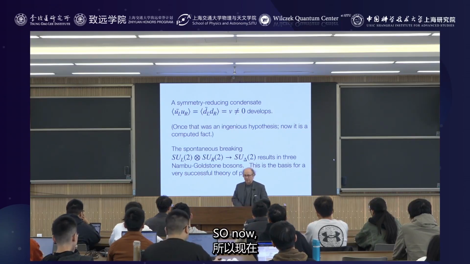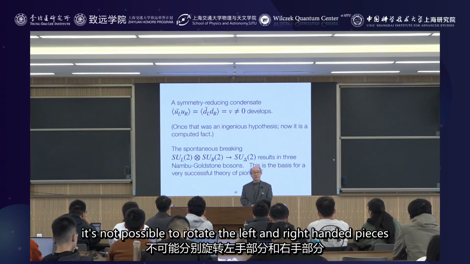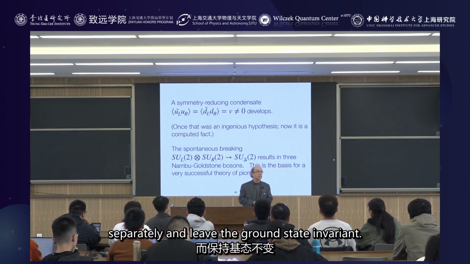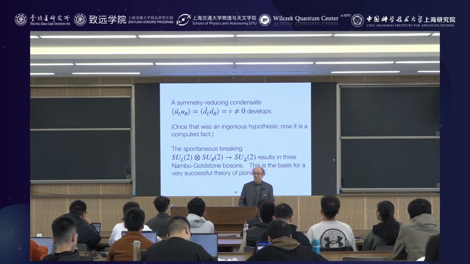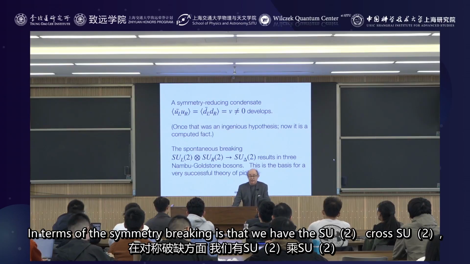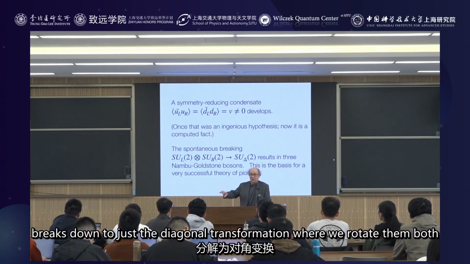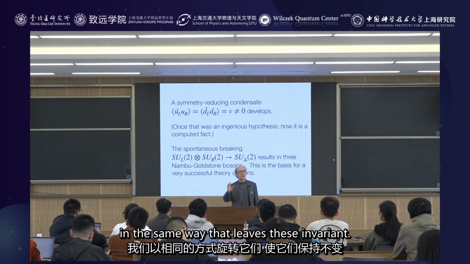Now the vacuum with these correlations in it has less symmetry. It's not possible to rotate the left and right-handed pieces separately and leave the ground state invariant. So what happens in terms of the symmetry breaking is that the SU2 cross SU2, which was separate rotations of left and right-handed fields, breaks down to just the diagonal transformation where we rotate them both in the same way.